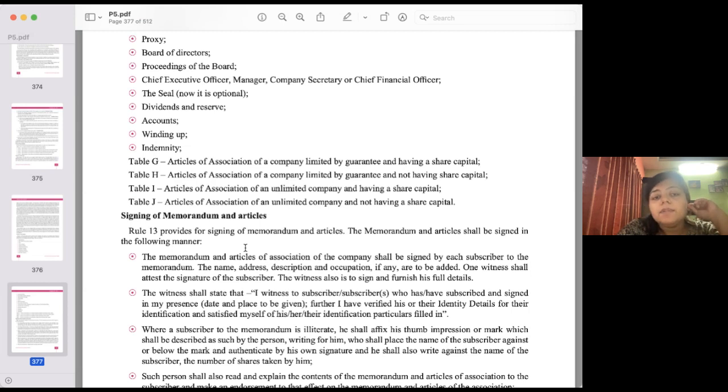The company seal. What exactly is the company seal? It has been said that it's now optional. Ever since April 2015, the common seal of a company has been made optional. It has not been abolished, it has been made optional. The common seal is nothing but the signature of the company.